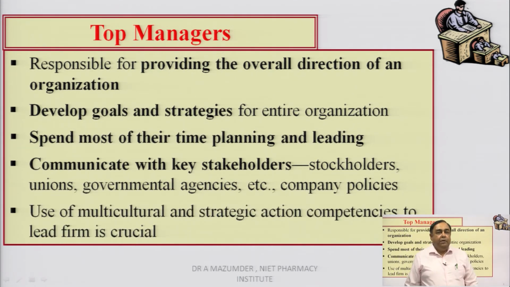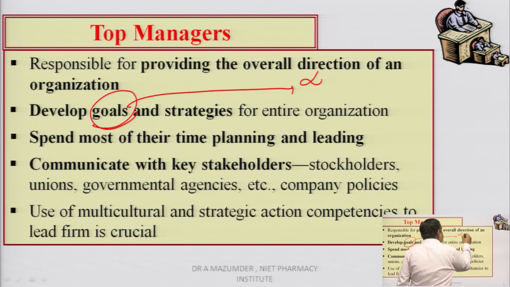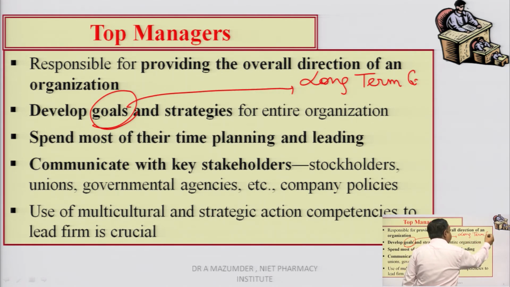Now, top level managers are responsible for providing the overall direction of an organization. They are the individuals responsible for the development of goals and strategies for the entire organization, both long term goals as well as short term goals.